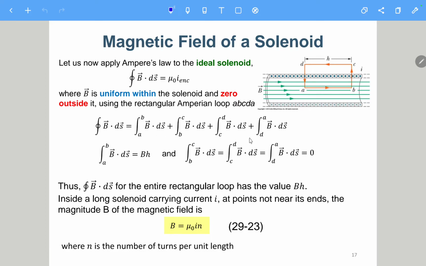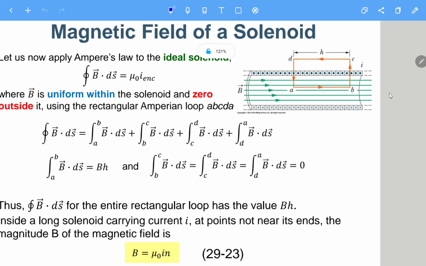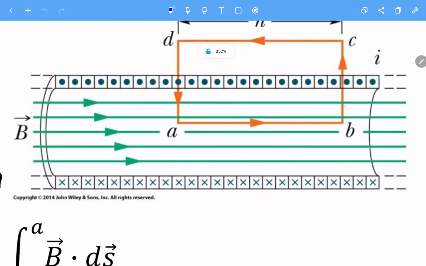For the last 3 terms, let's say B to C. B to C is from here to here. This is the path, and the B field is pointing to the right side. So for this part, B dot ds: here ds is pointing upward, and B is pointing to the right side, so B dot ds is 0 because B and ds are perpendicular to each other.